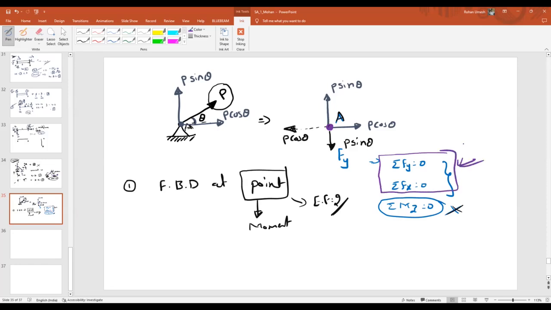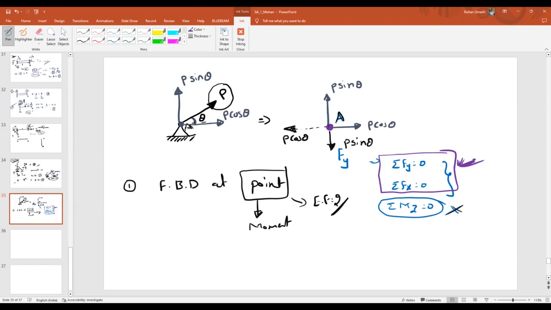Two, right? Not only in a truss problem, wherever you consider a free body diagram at a point, we always have to satisfy these two conditions. Why? Because as it is a point, we may not define the rotation. So that's why we always have to make sure that these two equations are satisfied.